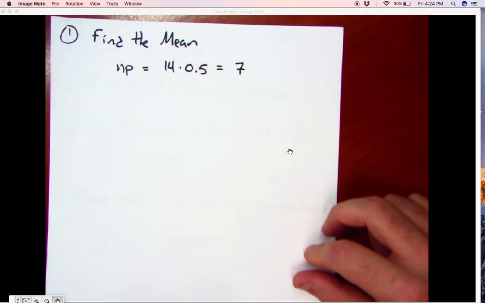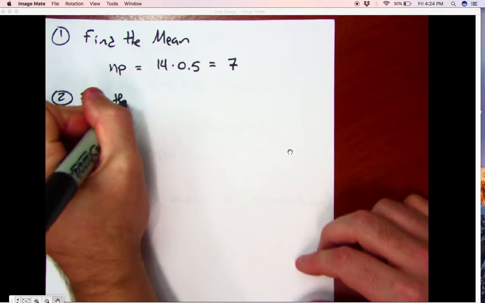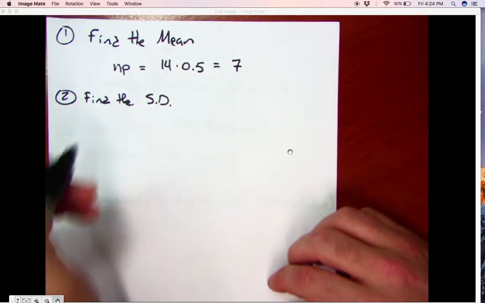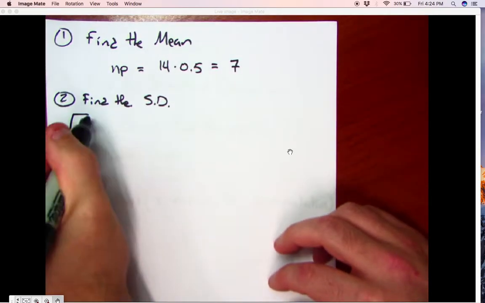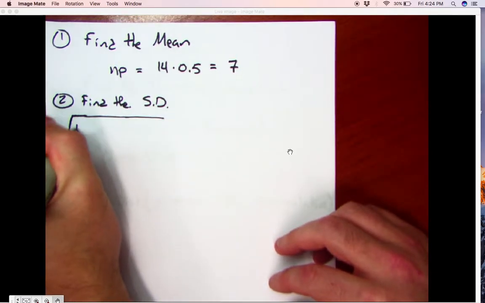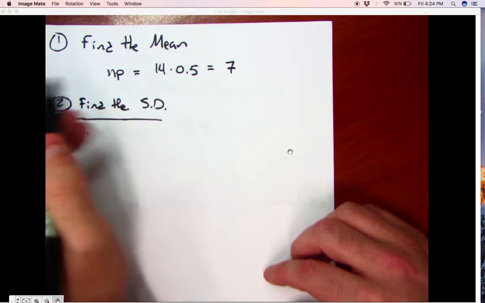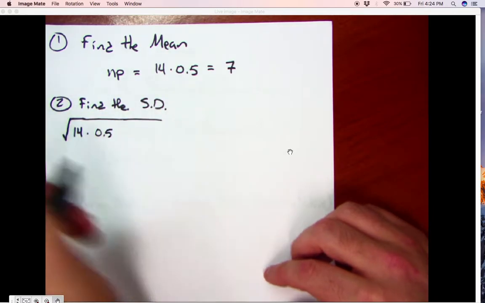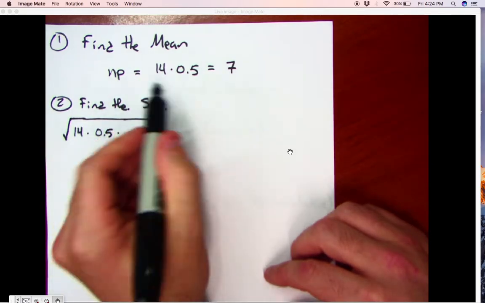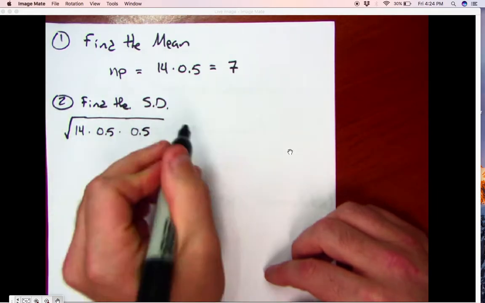All right, now step 2, find the standard deviation, SD for abbreviation. What we have to do here is take the square root of n, which in this case is 14, times our probability for success, which is 0.5, and then times our probability for failure. Our probability for failure is 1 minus p, which in this case, 1 minus 0.5 is still 0.5.